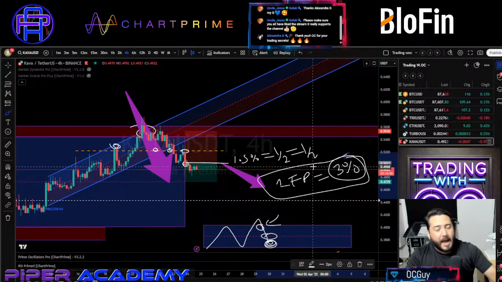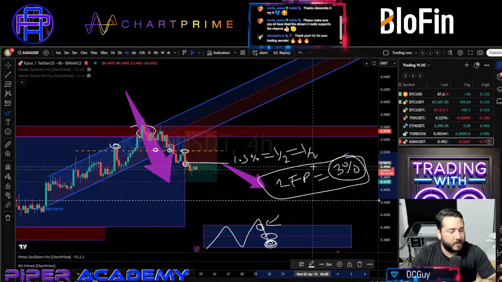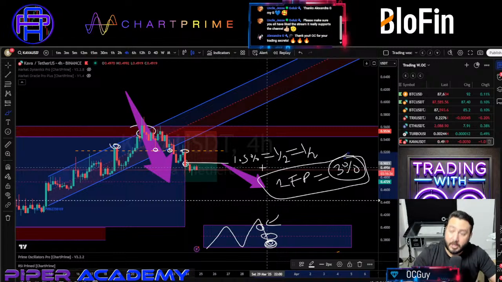I usually always want to go in with a full position, and this is not going to be an exception. How am I going to do that if I already entered with half a position? How do I manage that? Well, then I look for a better location of entry.